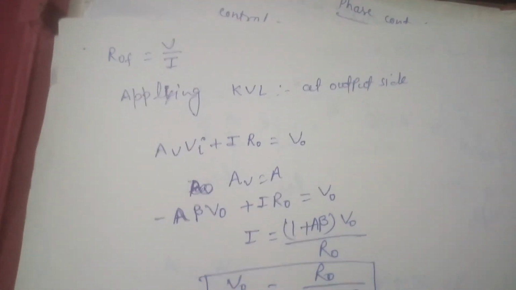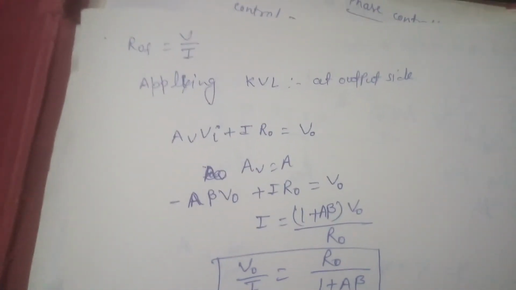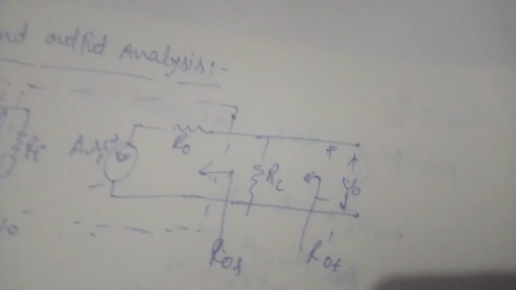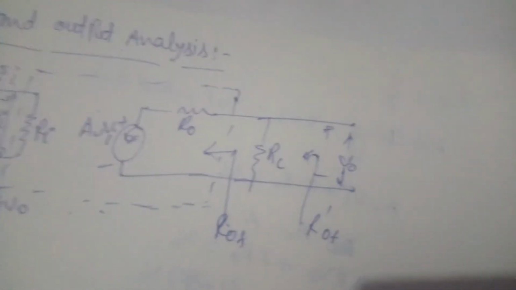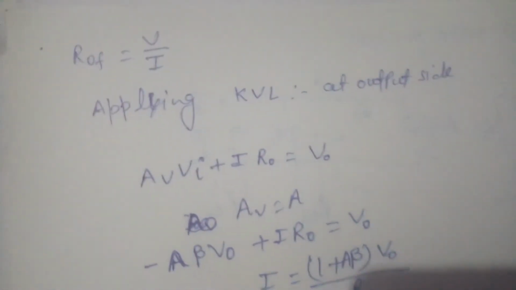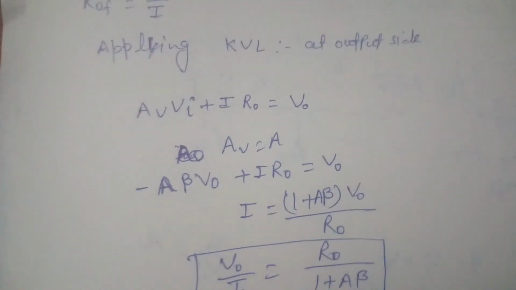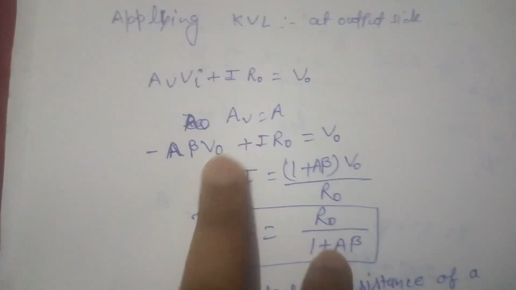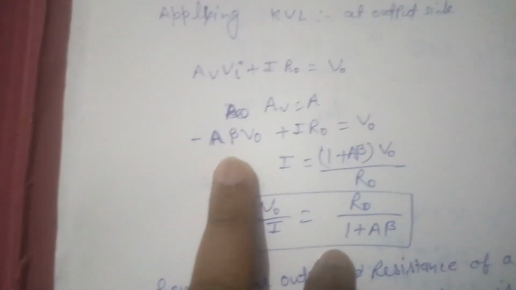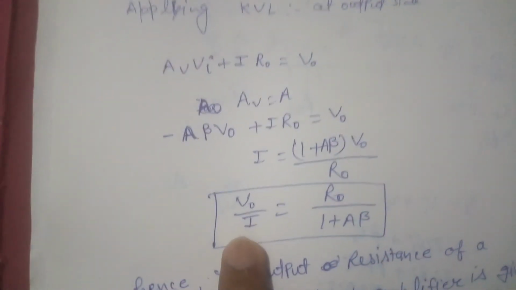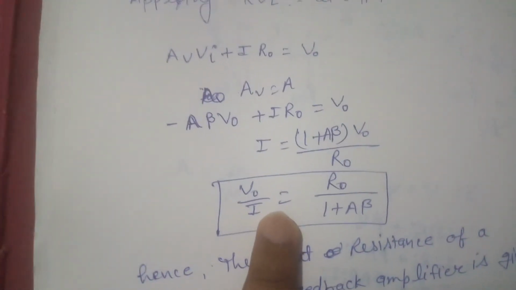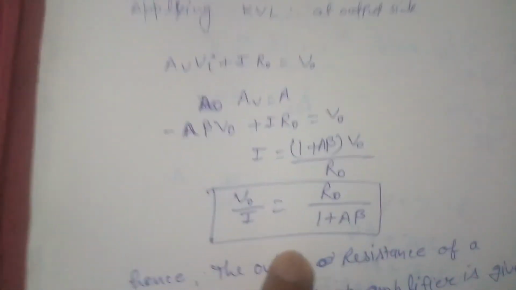Now Rof, the output resistance of the feedback network, is V over I. We can apply Kirchhoff's voltage law to this network, which gives Av Vi plus I R naught plus V naught. We can summarize this equation: V naught over I is equal to R naught upon 1 plus A beta.